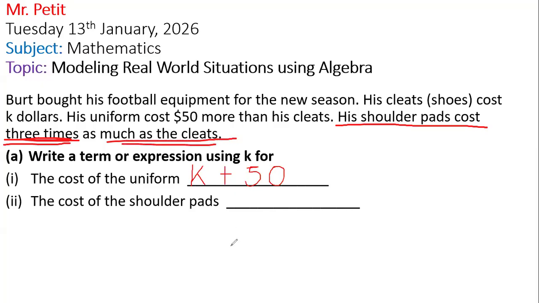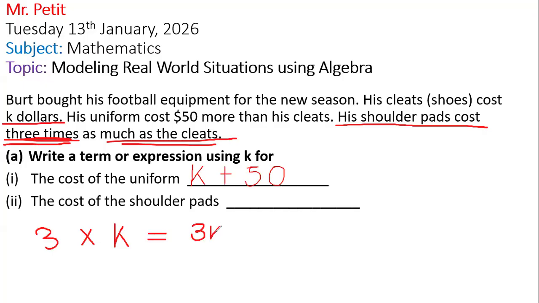When we say 3 times as much as the cleats, we mean how much is for the cleats? The cleats is K dollars, right? So it's going to be 3 times K. What is 3 times K? 3K.